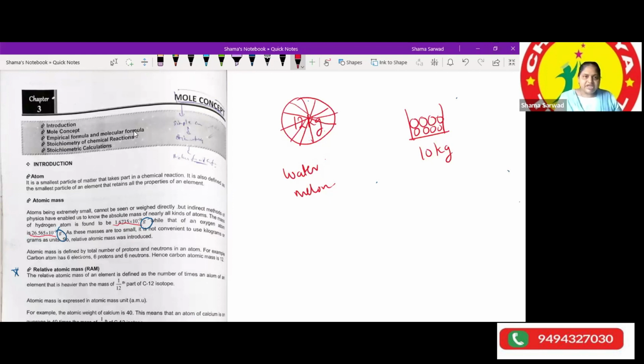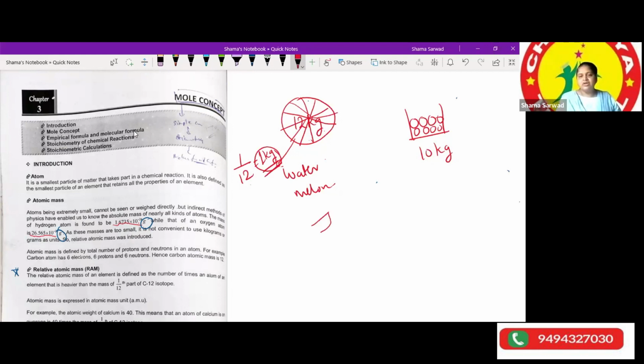As it was 12 kg and I have made 12 equal pieces, each piece has a mass of 1 by 12 of the total, that is nothing but 1 kg, because the total mass of this watermelon is 12 kg. So I will take one piece of this watermelon.